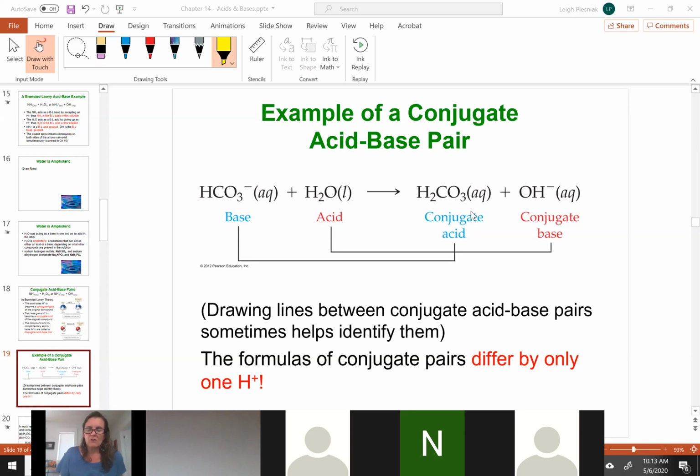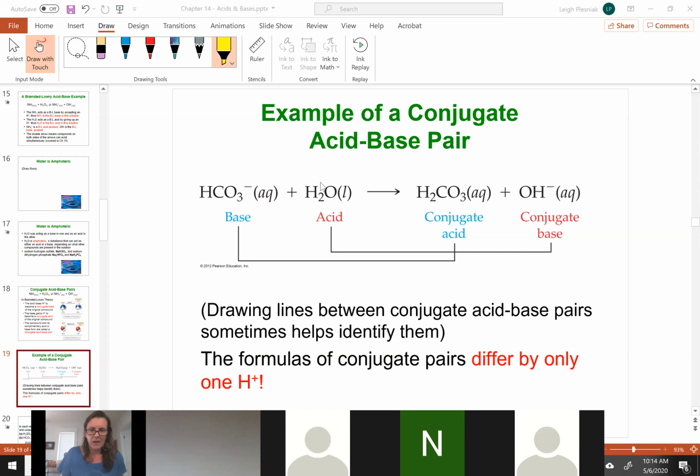And we usually use the term conjugate acid when it's on the product side and conjugate base when it's on the product side. And we just call it the base and the acid when it's on the reactant side. I actually don't care whether or not you use the term conjugate acid and conjugate base, but you need to be able to identify pairs.